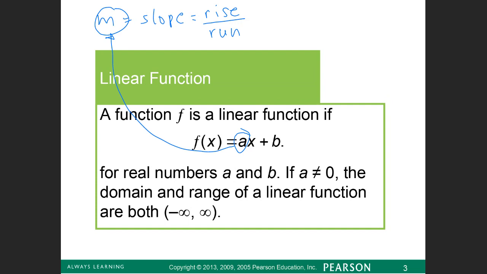And remember, there are three kinds of linear function. So we have this type, and this one is the increasing function. And the other one is the decreasing function.